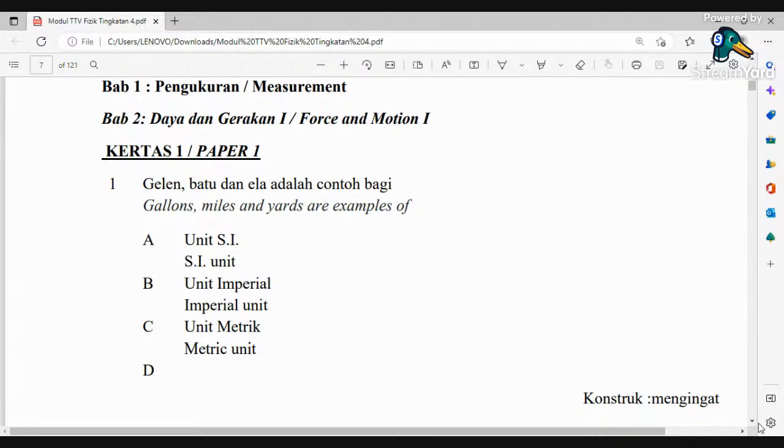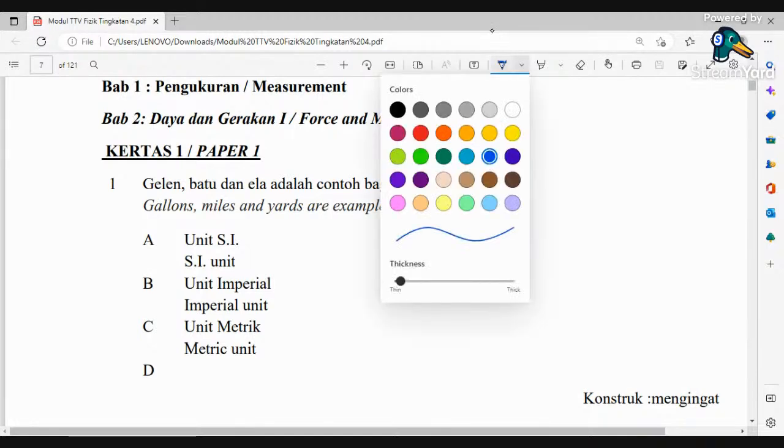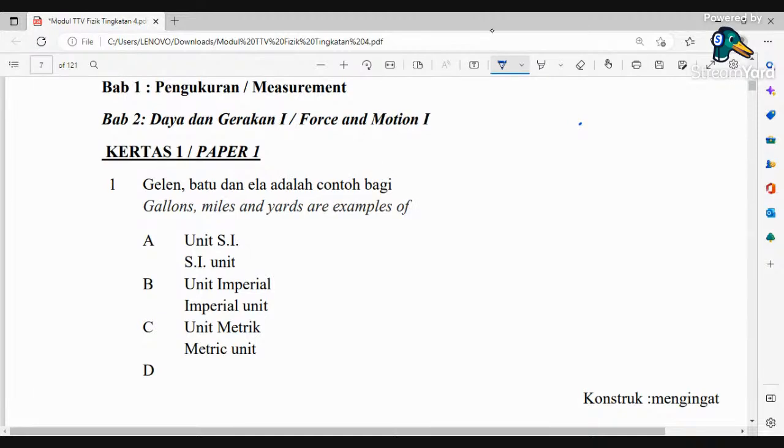It is a metric unit or imperial unit. Metric unit ada SI unit dan semua yang lain lah, meter, second, kilogram. So kalau gallons, miles and yard, in physics we never use this one, but in some industry they will use this unit, gallon, miles and yard.